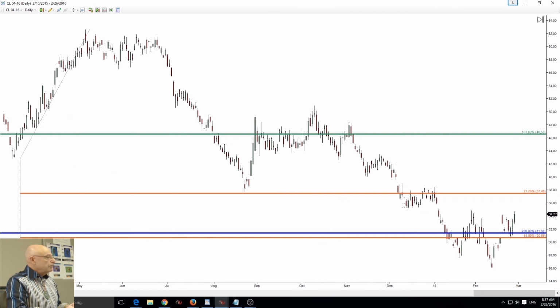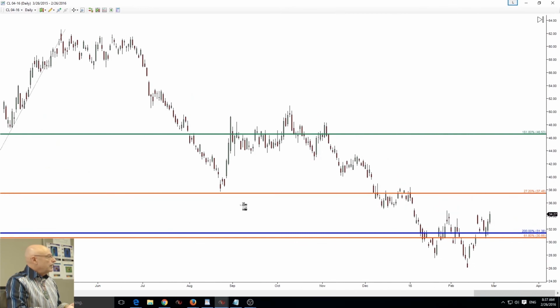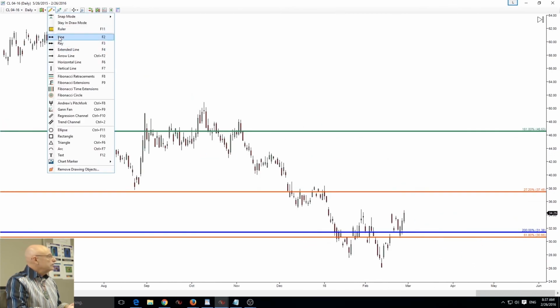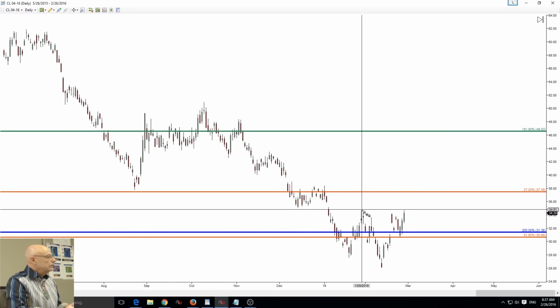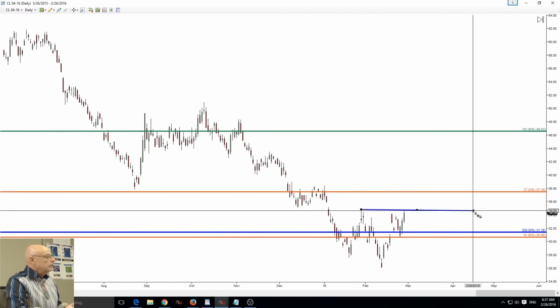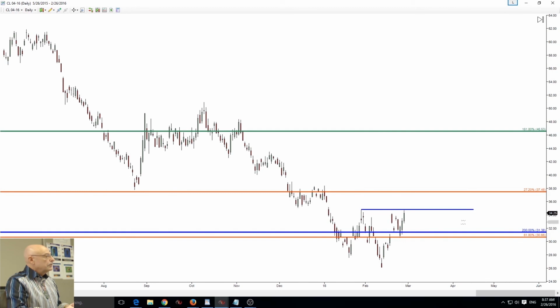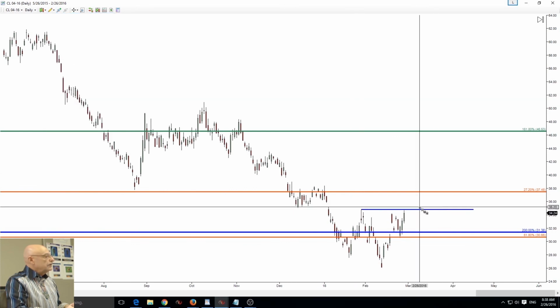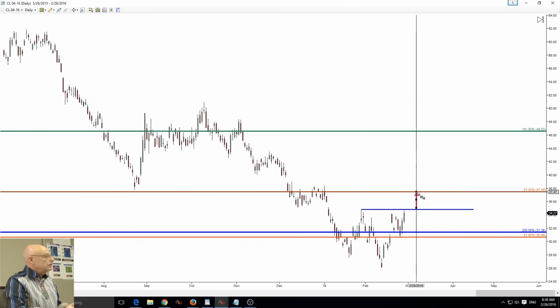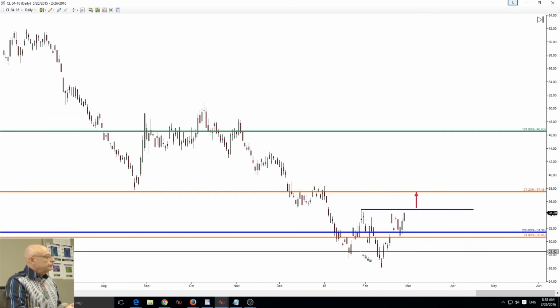We are probably heading to that level, but on a daily chart, we're going to see if that line is broken, that level is broken, then we're going higher, and target will be right here.